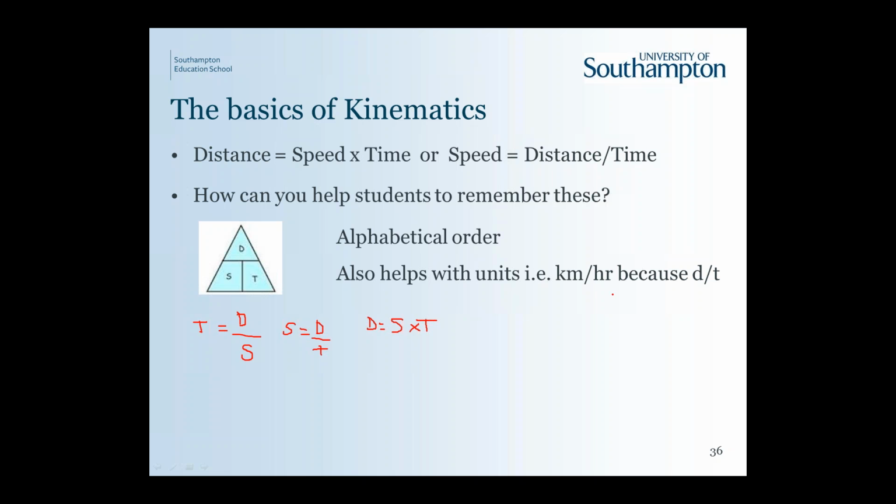When I'm talking about units, distance is measured in, for example, kilometres. Time is measured in hours. Then when you're thinking about the fact that speed is distance over time, in units terms, that's kilometres divided by hours.